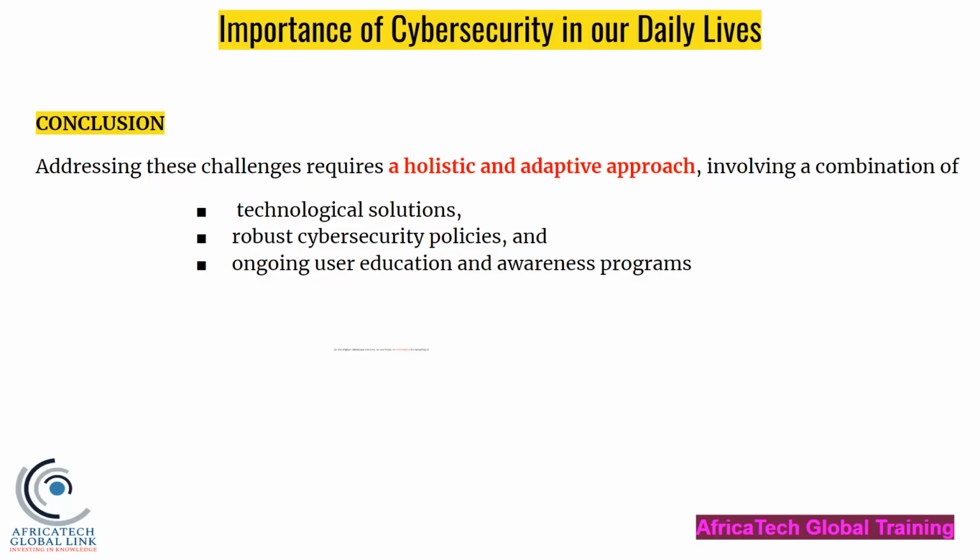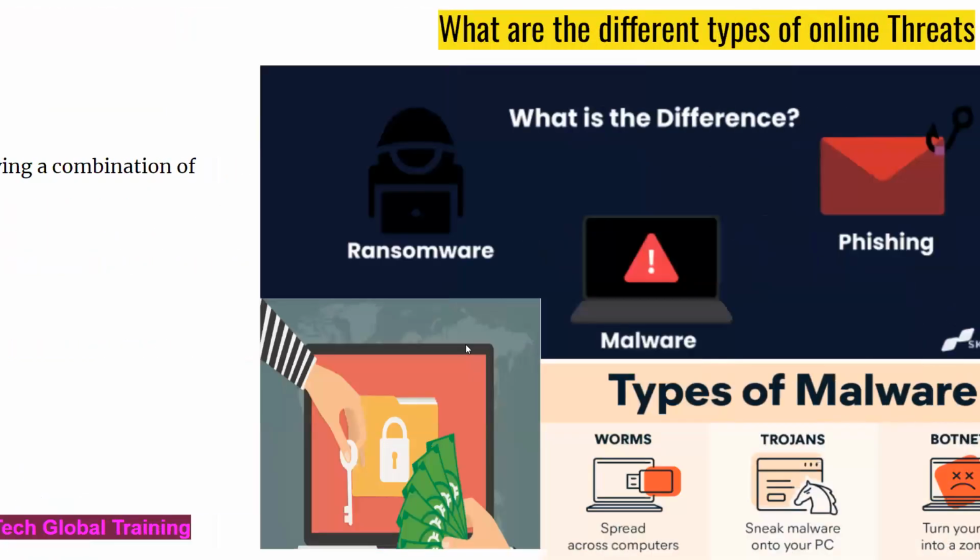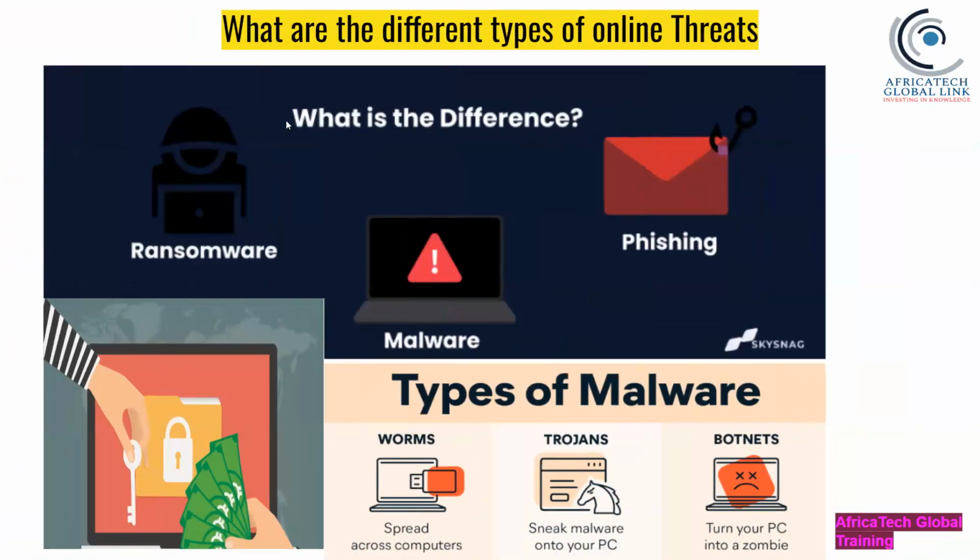Yes. As the digital landscape evolves, so does our strategy for security. There's a typo there, it should be strategy. What are the different types of online threats? What's the difference between ransomware, malware, and phishing, right?